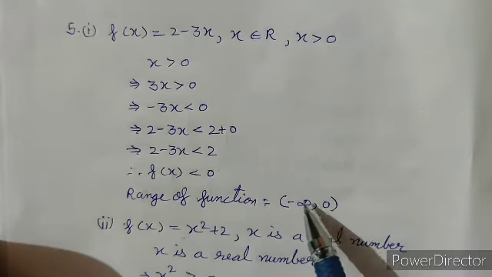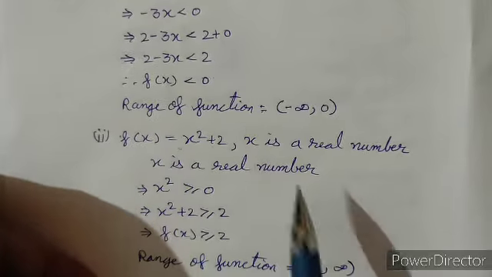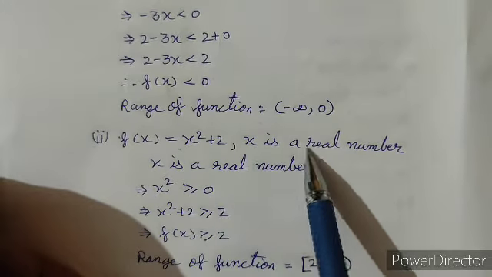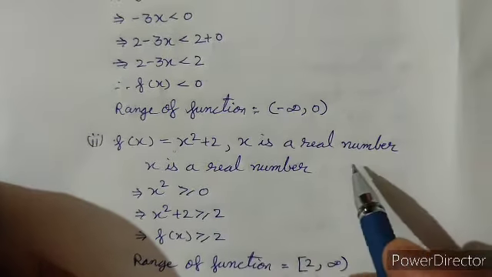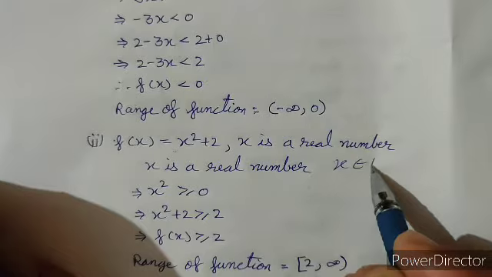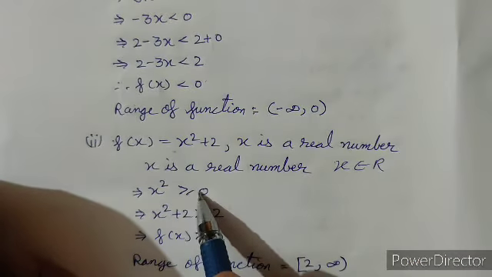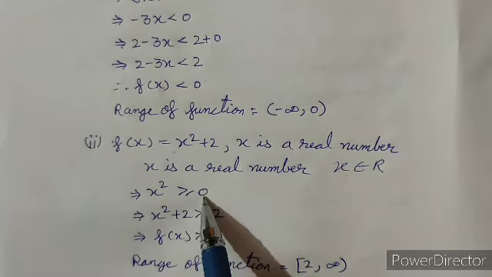Now in second part, fx is given to us as x square plus 2, and here x is a real number. Now if x belongs to real numbers, then x square will be greater than or equal to 0, as the square of a real number is always greater than or equal to 0.